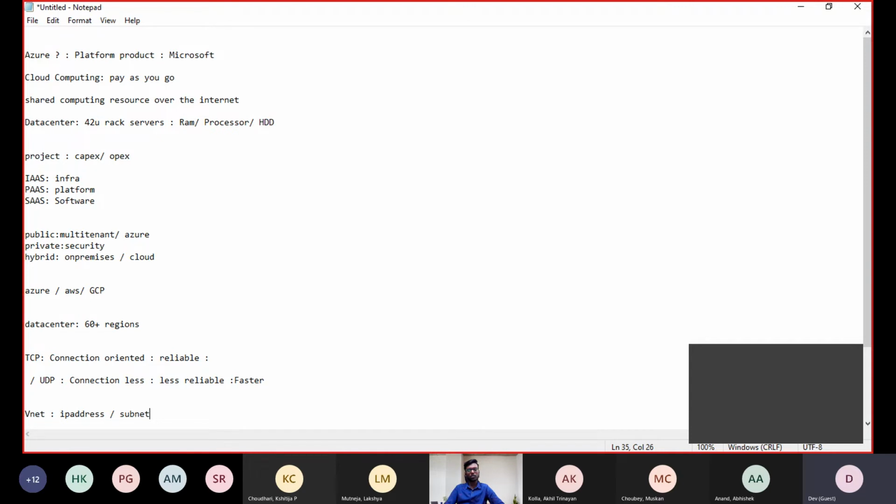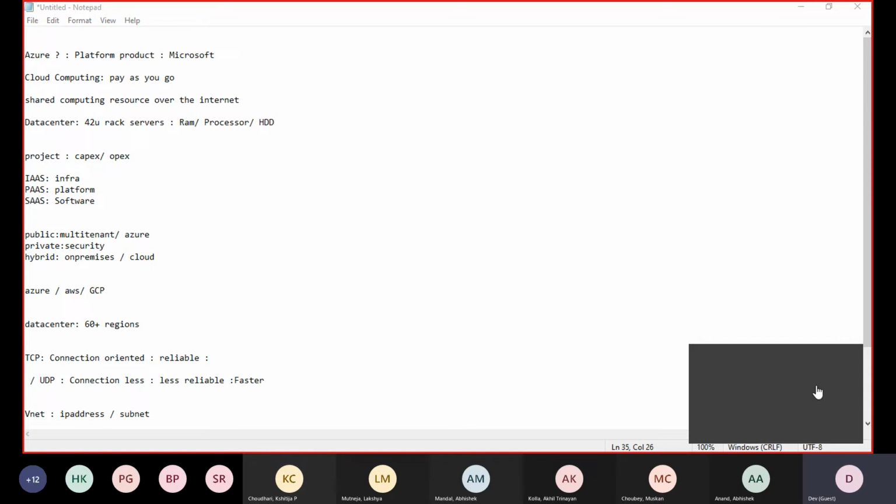So this is how your infrastructure works. Whenever you're trying to build an infra, you require a machine, you require a storage, and you require a network. These are the three major components that we are targeting in building the whole infrastructure.